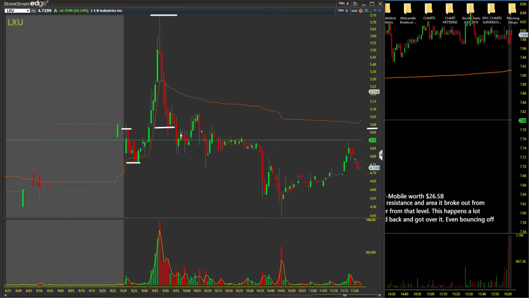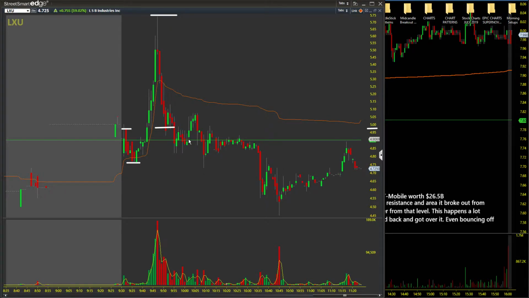When a stock's at a level like this, I always want to look at the tape and see if there's still demand there. If there's demand, I want people to be taking the offer. The offer is the ask. That's the demand part.